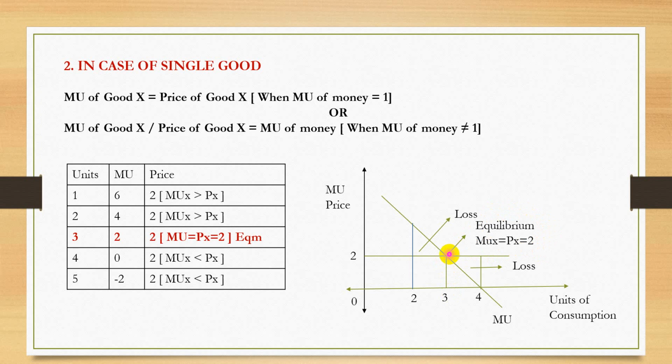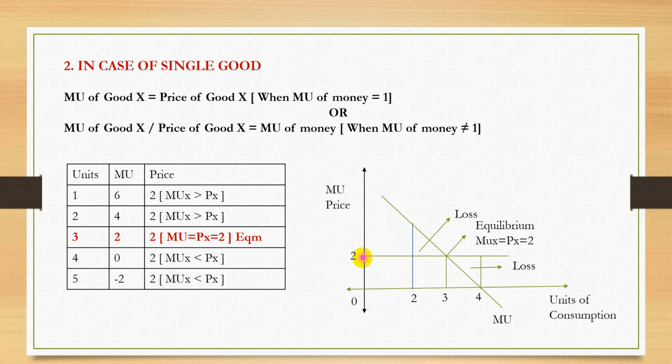Now if he consumes anything less than 3, at this level what do you find? Less than 3 means 2 units, MU is 4. Here MU is 4 and price is 2. So when MUx is greater than Px, there is a chance of getting additional satisfaction.